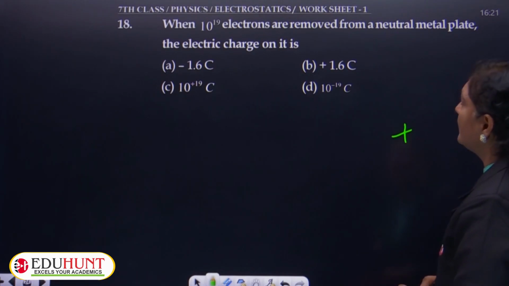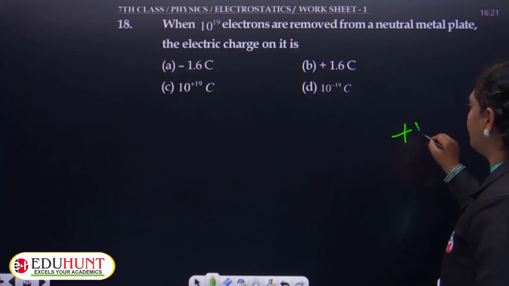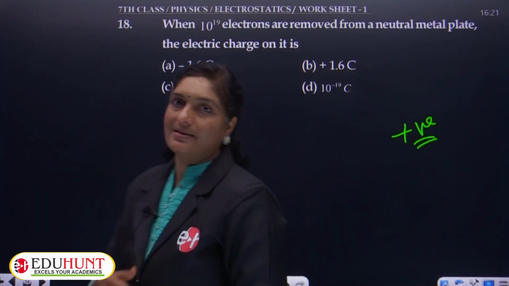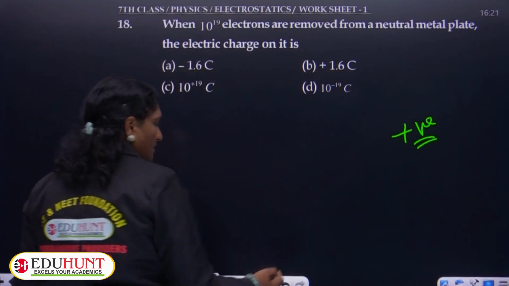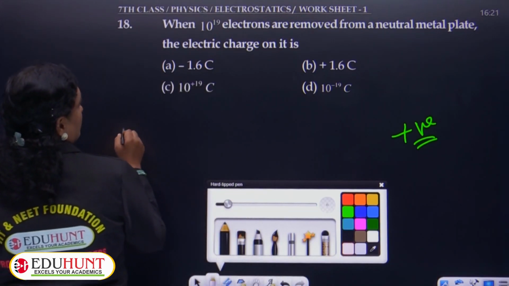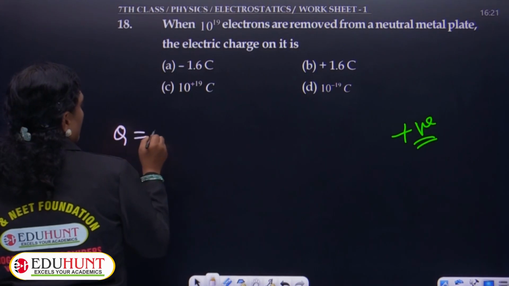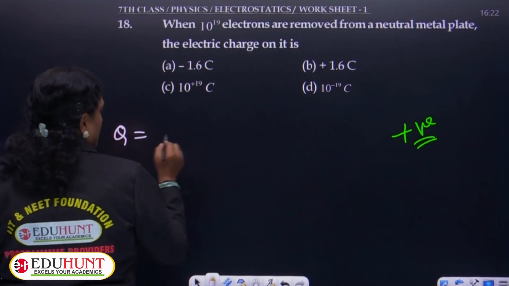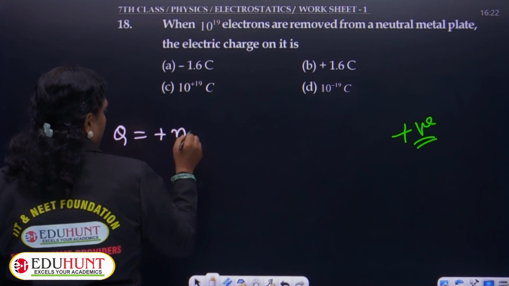So the electric charge on the metal plate is positive, no doubt. How much positive charge? Let us find out. The electric charge Q is equal to Ne. As we have just discussed, it will gain a positive charge, plus Ne.